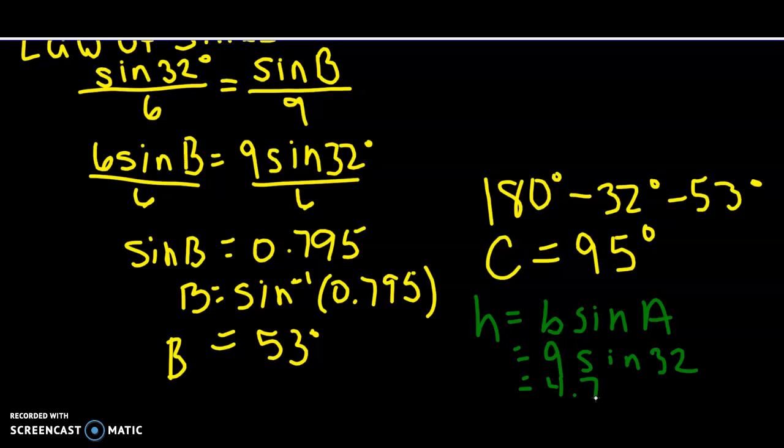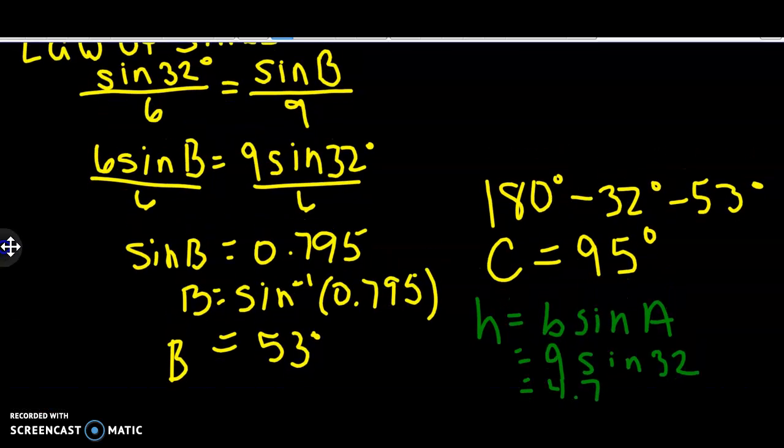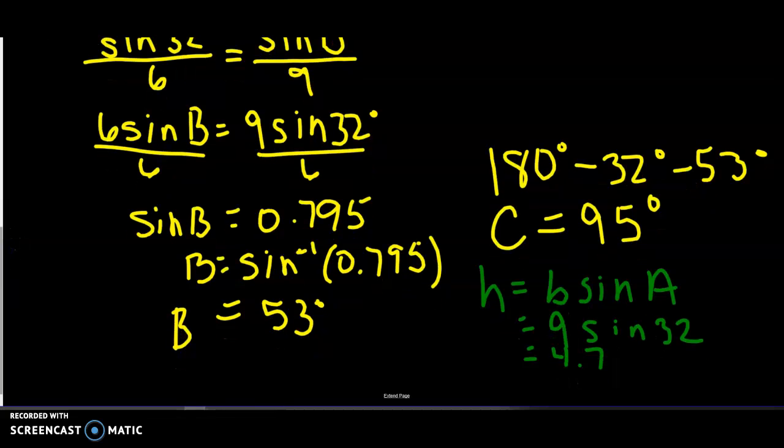So in this case, we have that our height is less than a, which is less than b.